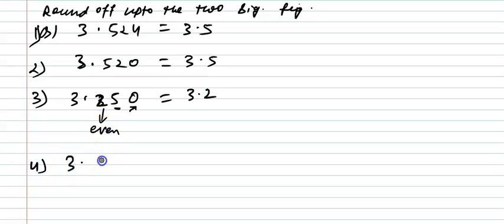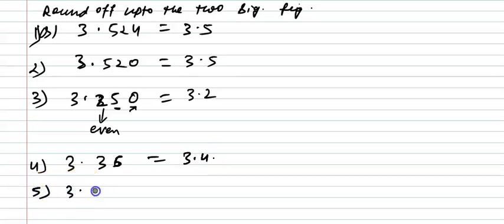If I write 3.56, round off up to two significant digits, what would be its value? It would be 3.4, right? Getting it, everyone?